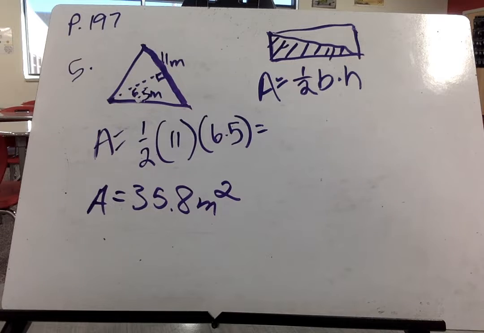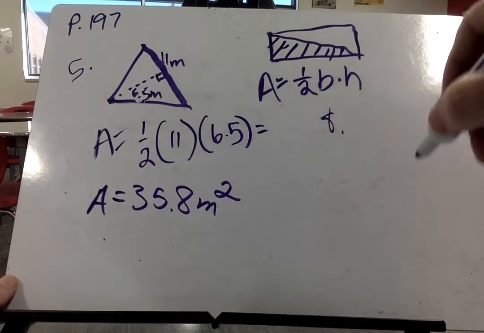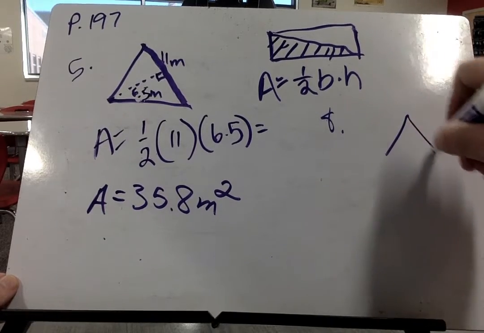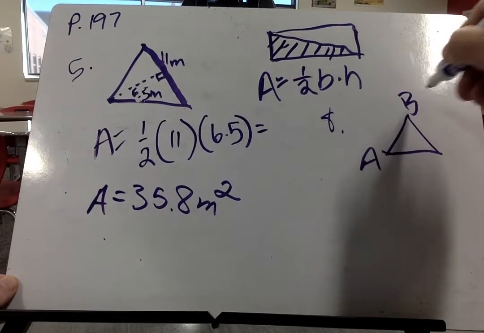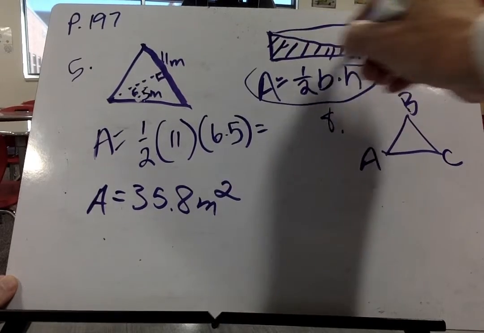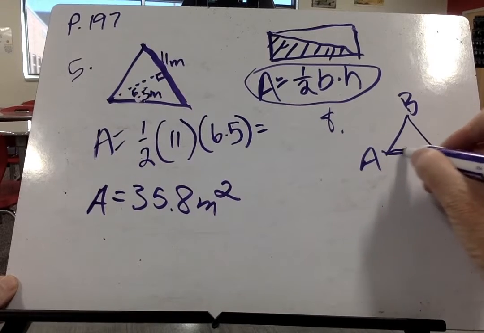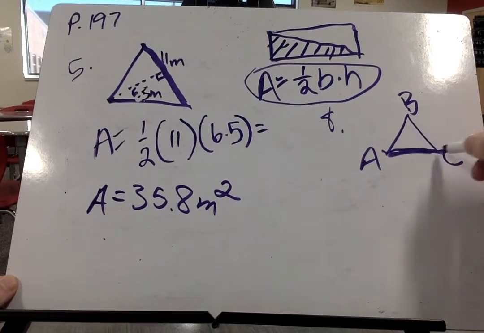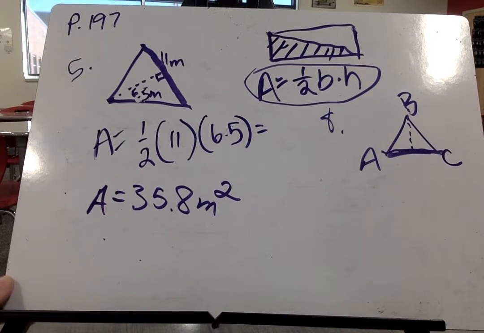Next, we're going to go ahead and do number 8 on that same page, where you see an ABC. Now remember, your area is one half base times height because it's a triangle. But what is the height? We're going to say this is the base. These are not considered the height. The height has to be perpendicular to the base.